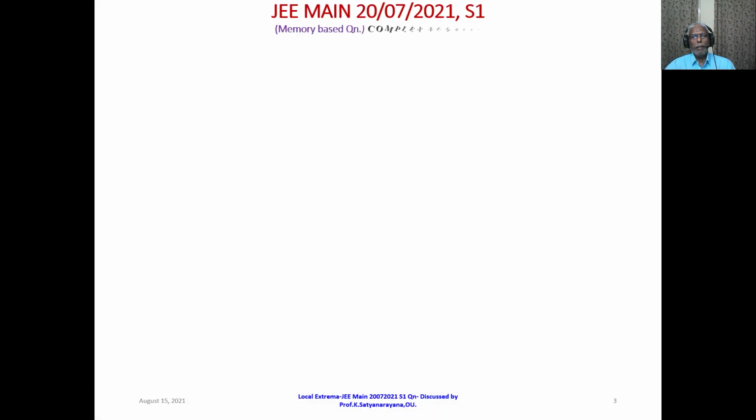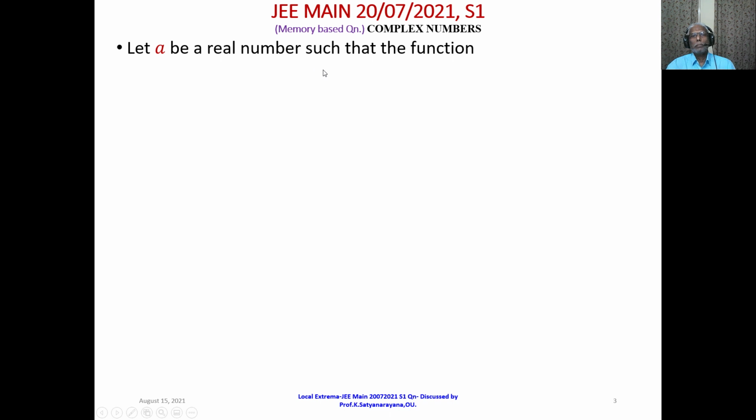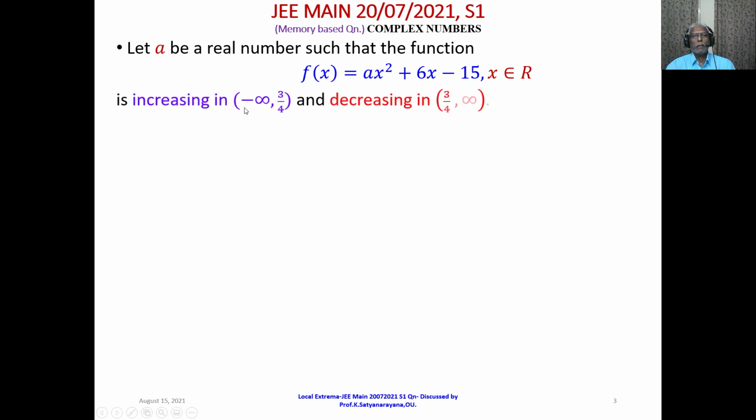The problem is, let a be a real number such that the function f of x is equal to ax square plus 6x minus 15 is increasing in the open interval minus infinity to 3 by 4 and decreasing in the open interval 3 by 4 to infinity.